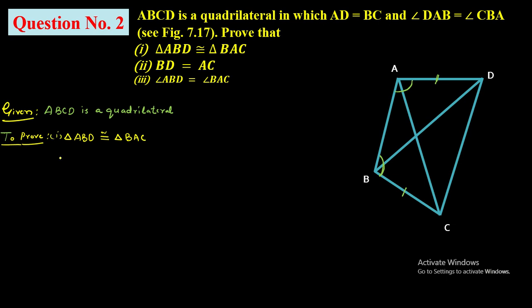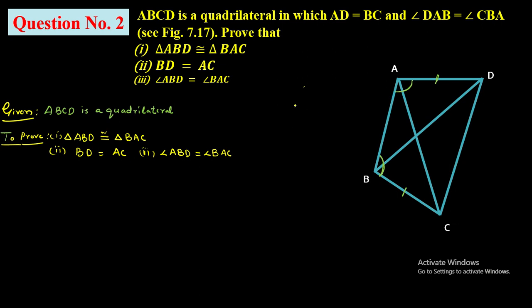This is our first part. And in second part, we have to prove that BD is equal to AC. And in third part, we have to prove that angle ABD is equal to angle BAC. Now, in order to prove the first part, let's take the two triangles separately.